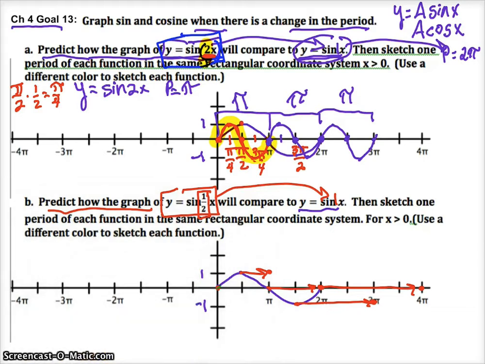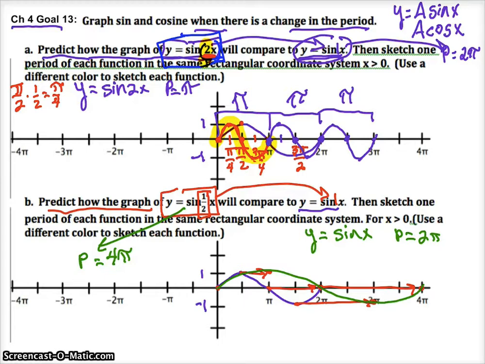So this does stretch our function horizontally. The period of the parent function, y equals sine of x, was 2 pi, but the period of our new transformed function is 4 pi.